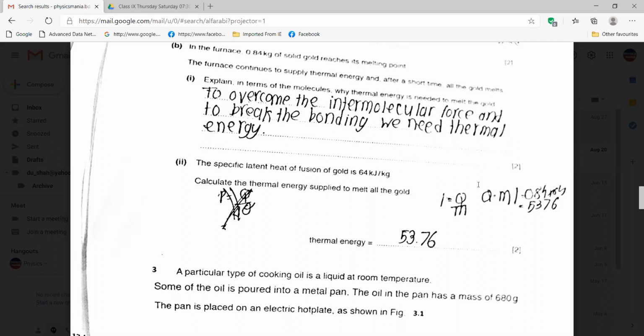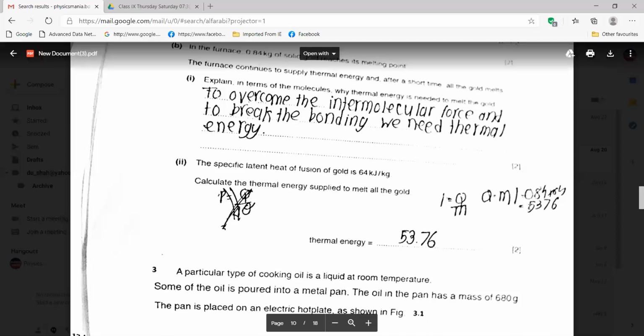If they ask you to find the mass, then what will be the formula? I'm asking you here. They gave you L equals Q by m. That means you are going to find Q, then you are converting to Q equals mL, right?